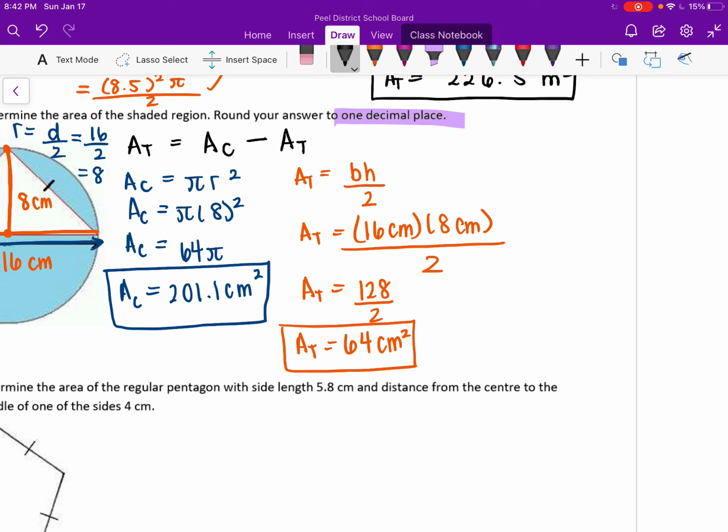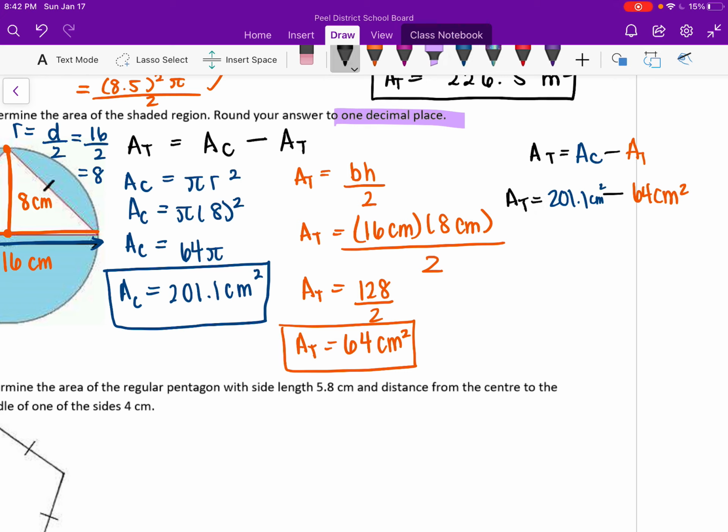And I know from my formula before, the total area is just equal to my area of my circle minus area of my triangle. So I'm just going to start putting in what I know. I know 64 centimeters squared, right? And I know my area of my circle is 201.1 centimeters squared. And that's going to give me my total area.